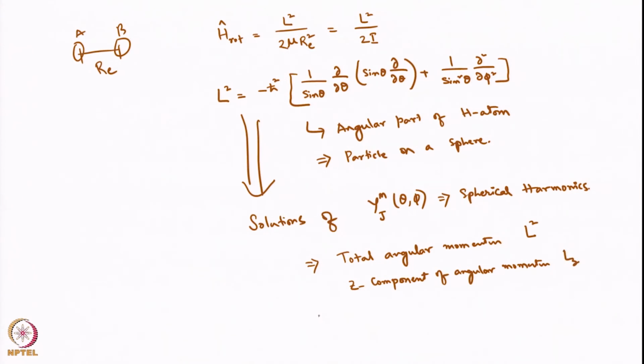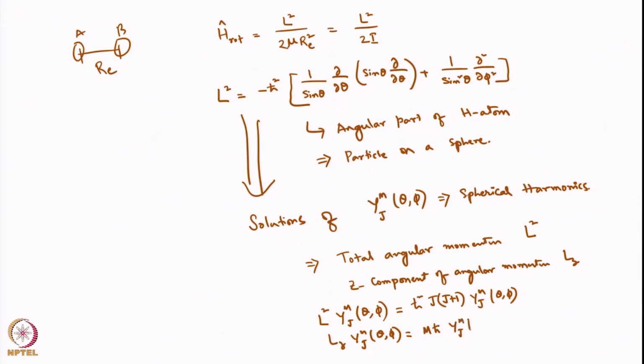Now, we know that Y_jm is an eigenfunction of the L square operator, with eigenvalue h bar square j(j+1), Y_jm(theta, phi), and your Lz operator acting on Y_jm(theta, phi) will give you m h bar Y_jm(theta, phi).